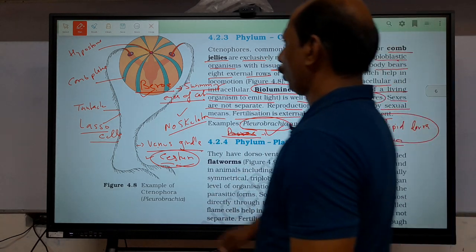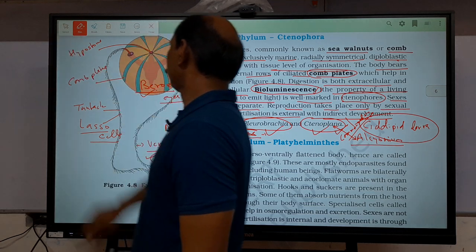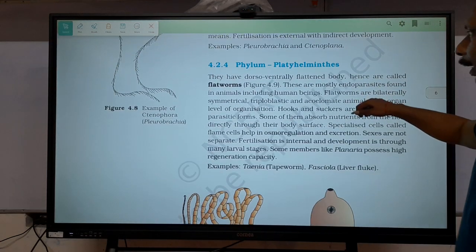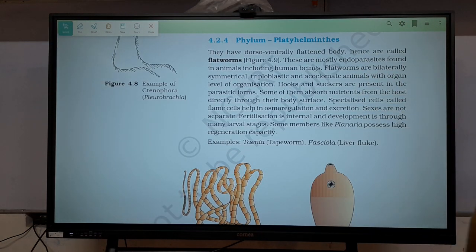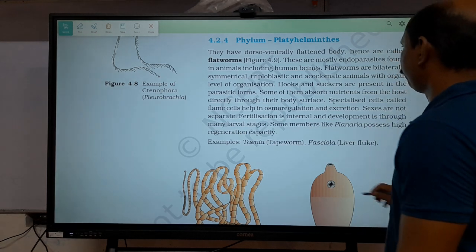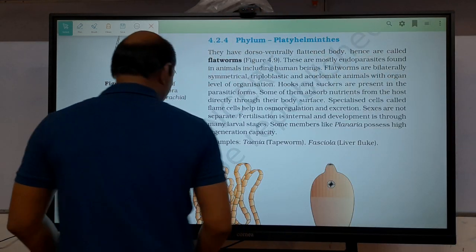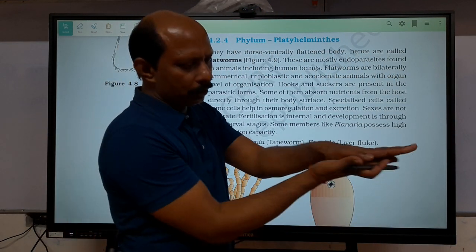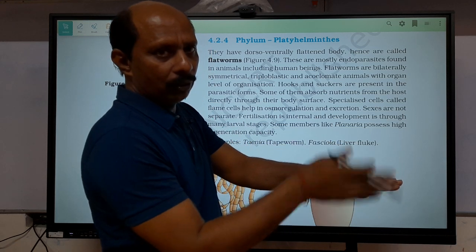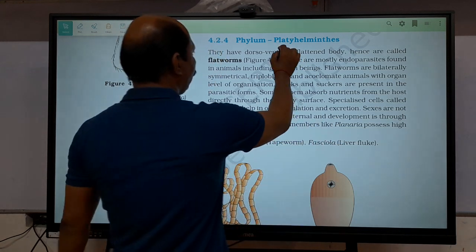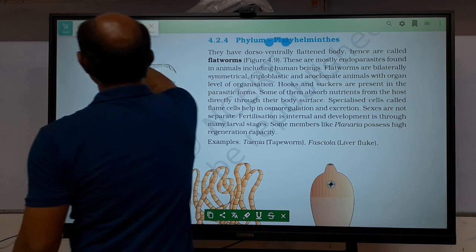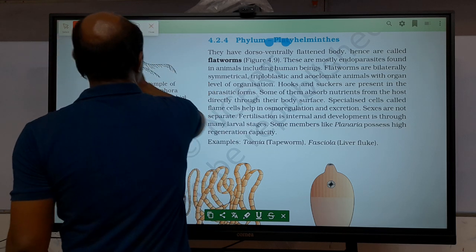Now after ctenophora, the next phylum is Platyhelminthes. They have a dorso-ventrally flattened body, a flat, leaf-like structure.